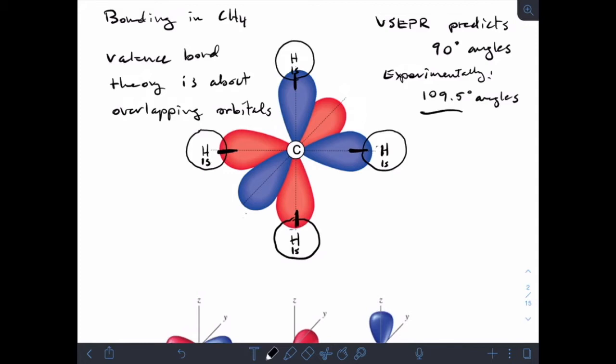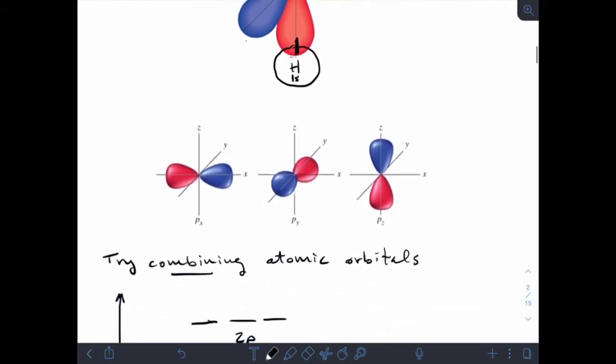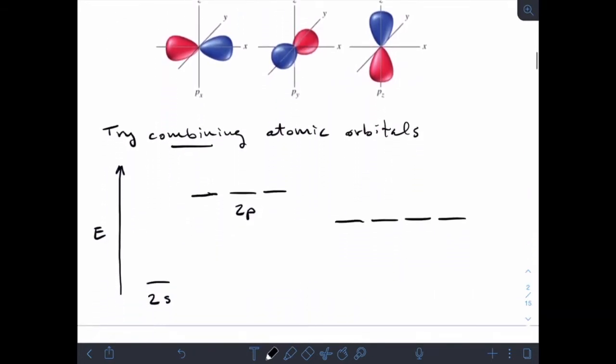Okay, so they were trying to explain this, and so they figured, well, let's try to combine atomic orbitals. If I have a 2s orbital from my carbon, so these are my orbitals from carbon, and I arrange them in order of energy, looking at the energy arrow on the left going up, so higher up is higher energy. My 2s is lower in energy, and my 2p is higher in energy.